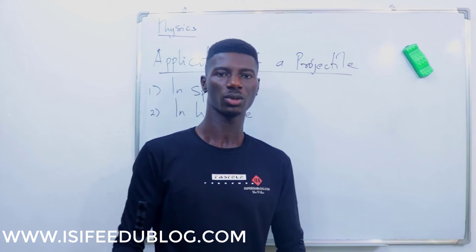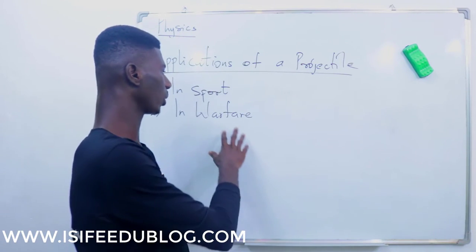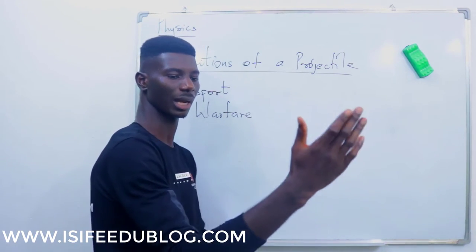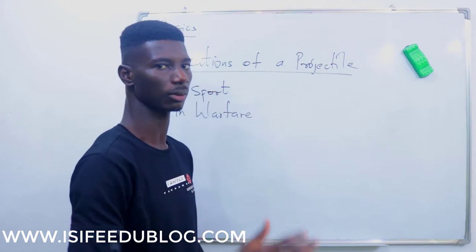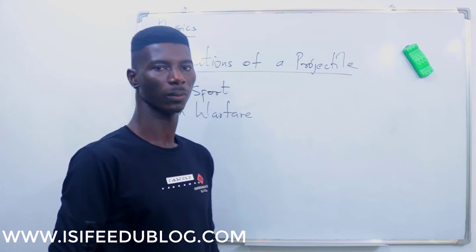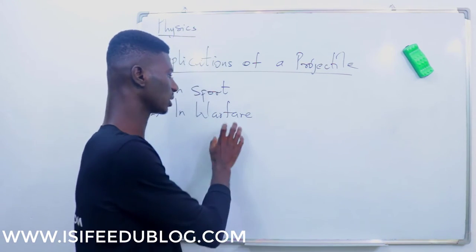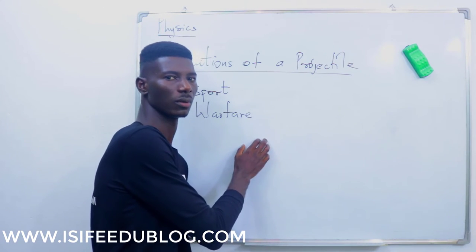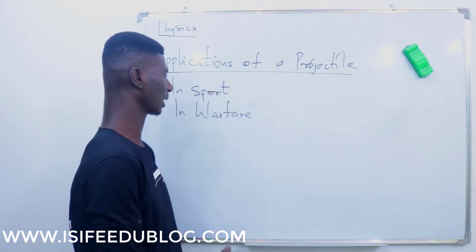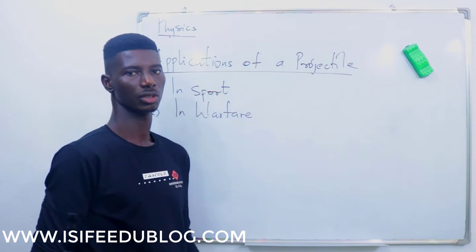Those using guns, the military men, the policemen, you have to know how to handle it and put your hand at the correct angle so that you can hit your target. Even those that want to bomb, if you are sending a missile to a particular place, that missile must be projected at a particular angle. If not, it cannot hit the target. So this is very, very important in warfare and in sports.